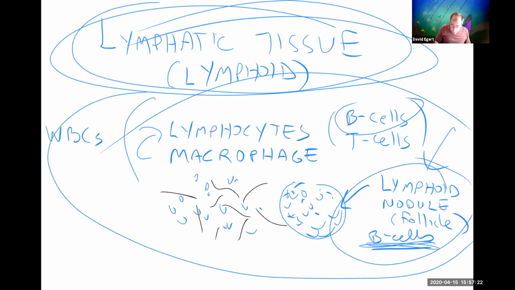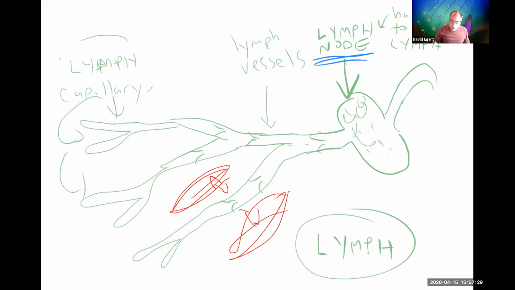So let's go back to our lymph node. A lymph node is just this little thing, and it's got a whole bunch of lymphatic tissue in it. It's also got a connective tissue capsule.